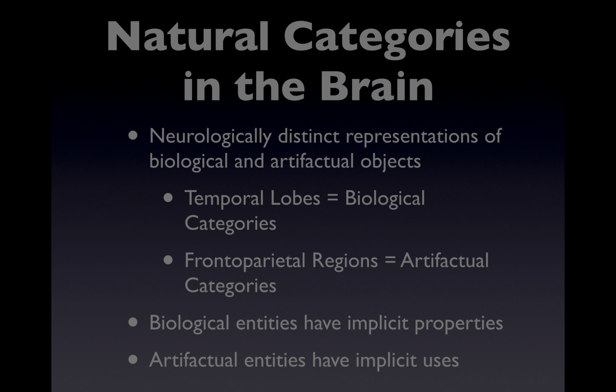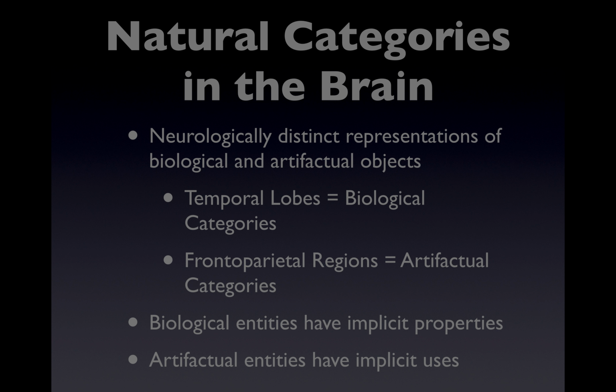Screwdriver, you use it to twist in screws. Typewriter, you use it to type up letters and documents and forms. So somebody who has damage to the temporal lobe may lose the ability to give you information about biological categories, like defining animals, but may retain the ability to tell you how to use or define different kinds of human-made artifacts, like tools.